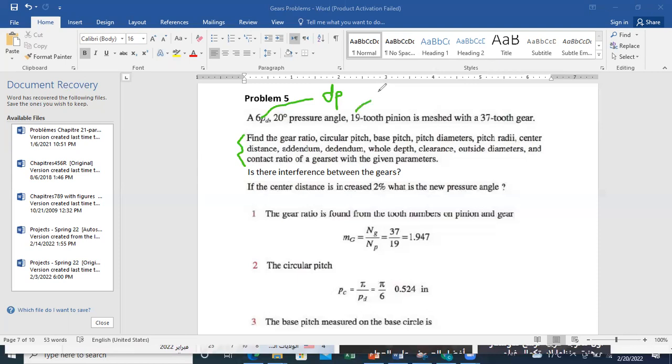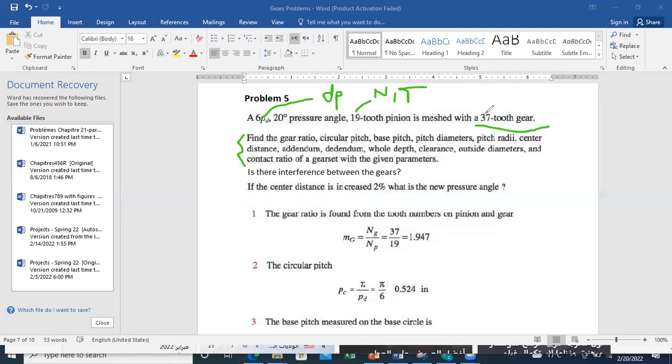The number of teeth in some books is called N, and in some books it's called T. So also be familiar with both ways, okay? Because you might find it in this way or in the other. Now, we have that the pinion is meshed with a 37 tooth gear.